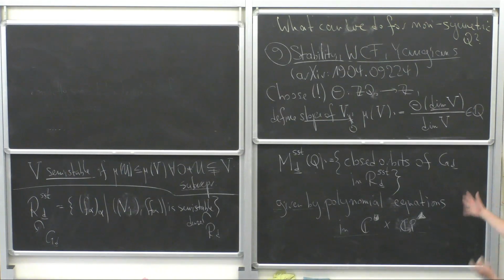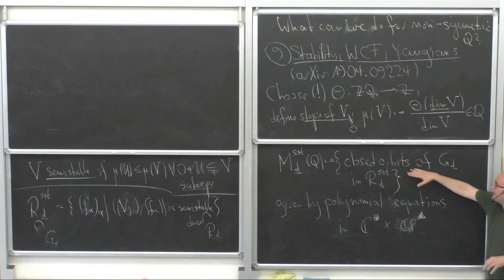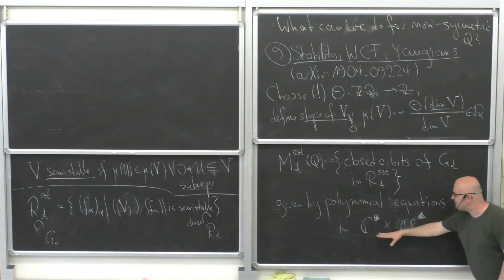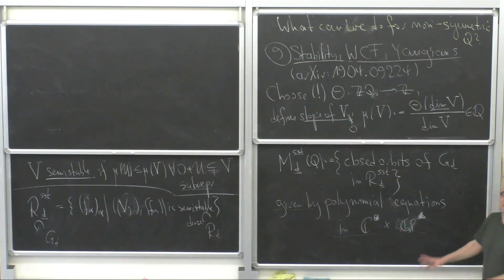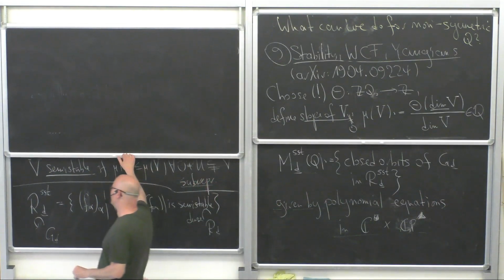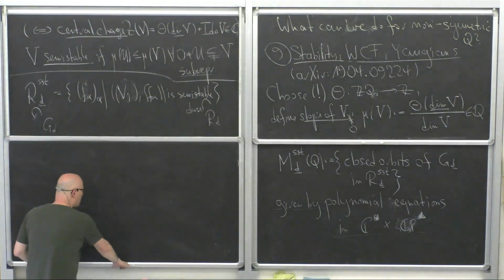Sorry for that, this is material for another lecture series. I'm trying to be suggestive. I gave you some details on this moduli space without stability: it's given by polynomial equations in affine space, and as coordinates you take traces along cycles. And you can believe me now that we can take closed orbits in this semi-stable locus, and it's given by polynomial equations in affine space cross projective space. There's also a recipe for getting the coordinates in the projective space, but I will not tell you this. I will just show you the one key example where you need this and how it solves all our problems.